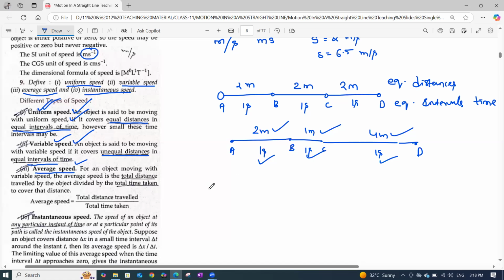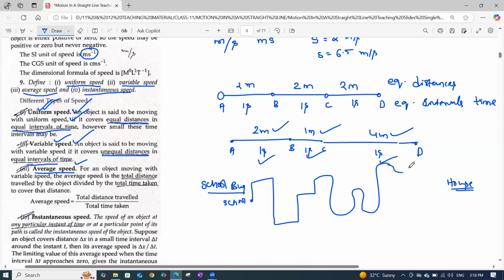And average speed. Here, we are mostly taking average speed only. For example, your school bus. The school bus might start from school and reach your house. Consider evening time after leaving school. You will be boarding the school bus or your father's or mother's vehicle. You will start from school and reach home. While reaching home, it might take many turns, go through some streets and highway, cross everything, and at last come to your house.